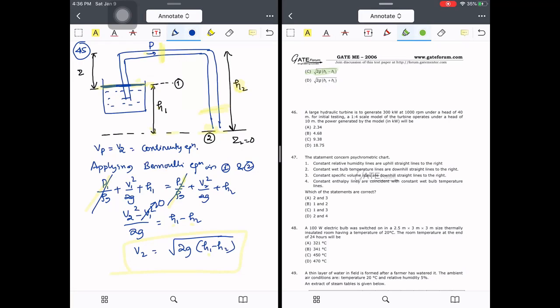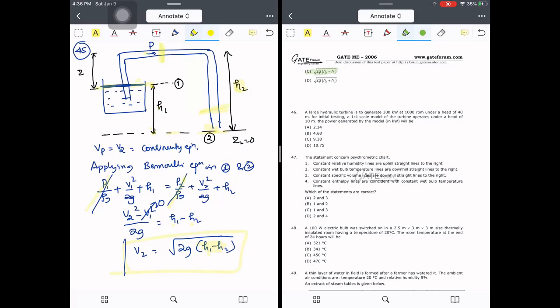Is there any other option related to it? No, they have not mentioned any other options. h1 minus h2. h2 minus h1. Anyways, we will take the magnitude of it, so it doesn't bother us much, because if you look at the options also, they have not mentioned h1 minus h2.